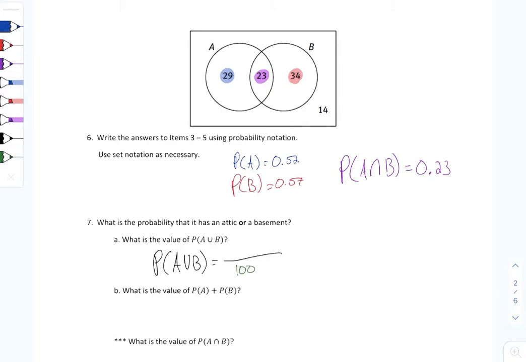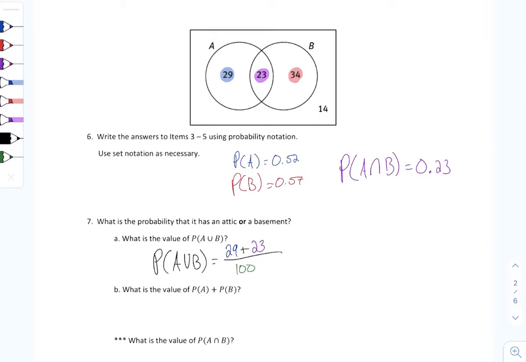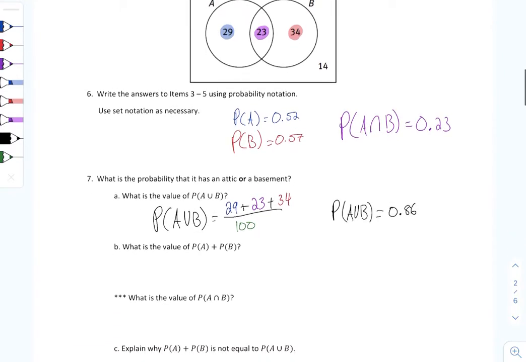But now in the numerator, I need to add the 29 plus the 23 for the combo of both attics and basements, plus the 34 of just basements, for 86. So that is 86 over 100, which is 0.86.